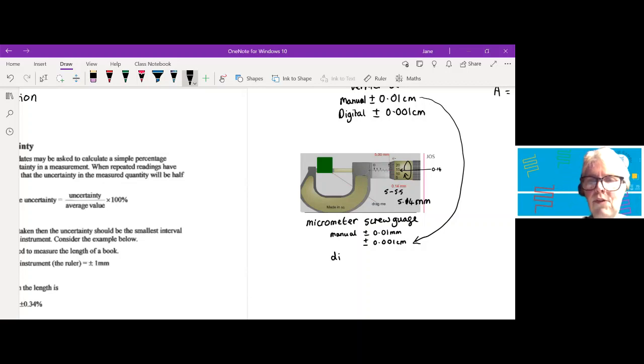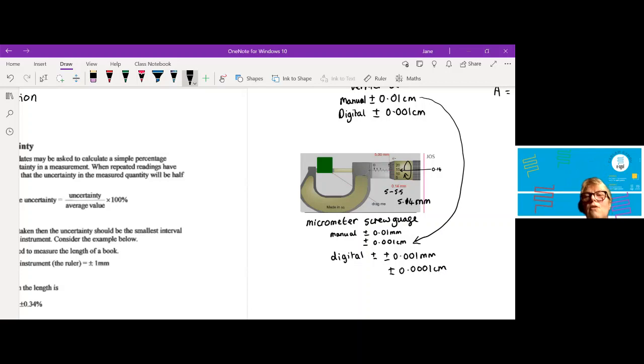Now, if you have a digital one, of course, we can read it to even greater precision, plus or minus 0.001 millimetre, or plus or minus 0.0001 centimetre.